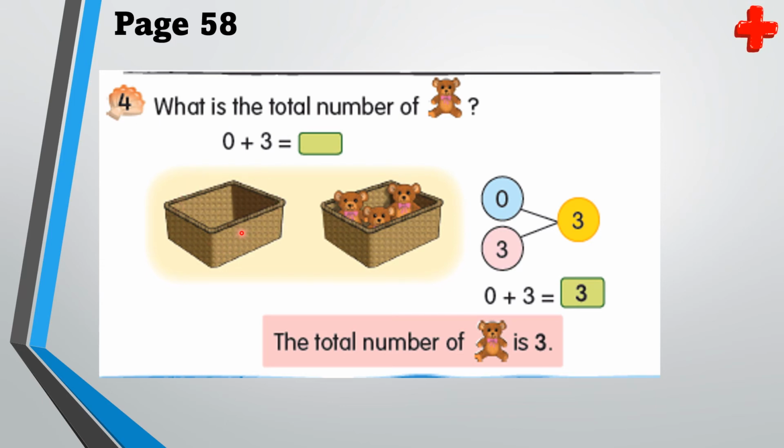No means 0, kosong. At 3, 1, 2, 3. 3 teddy bears in this basket equal to what? So, we can use method 1. We take all the number of teddy bears in this basket and count it all together, and we got 3. So the total number of teddy bear is 3.